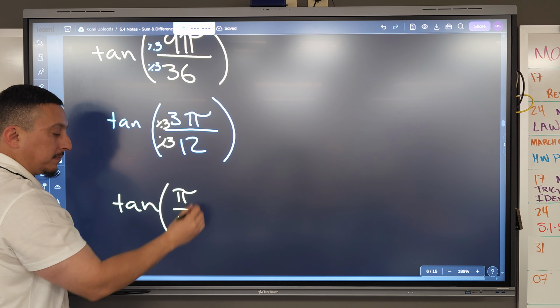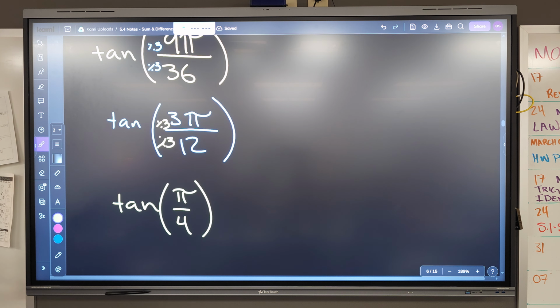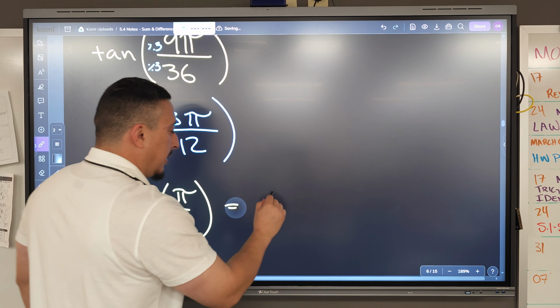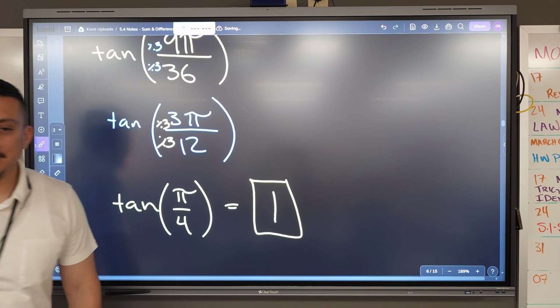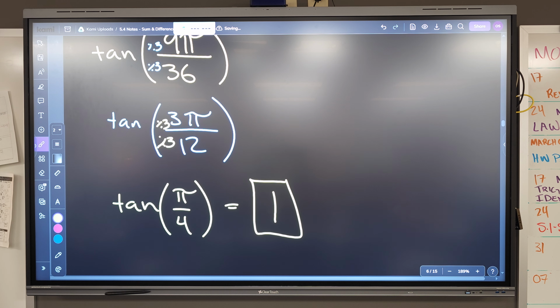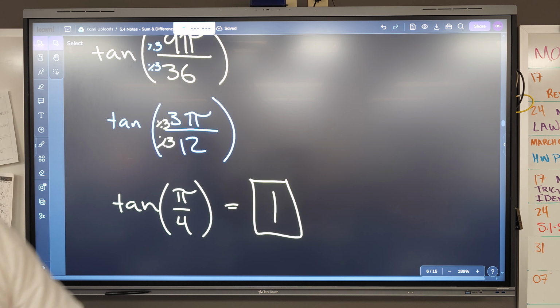Pi over 4. Is pi over 4 on the unit circle? Yes. What's the tangent of pi over 4? 1. There's our answer. Is that all right, guys? Good? Question? Okay, so I'm going to separate this because this is the last kind.